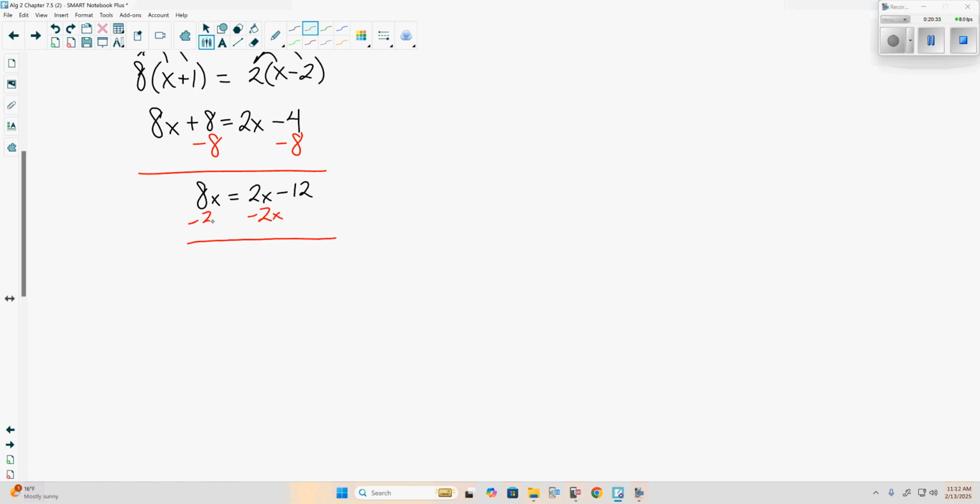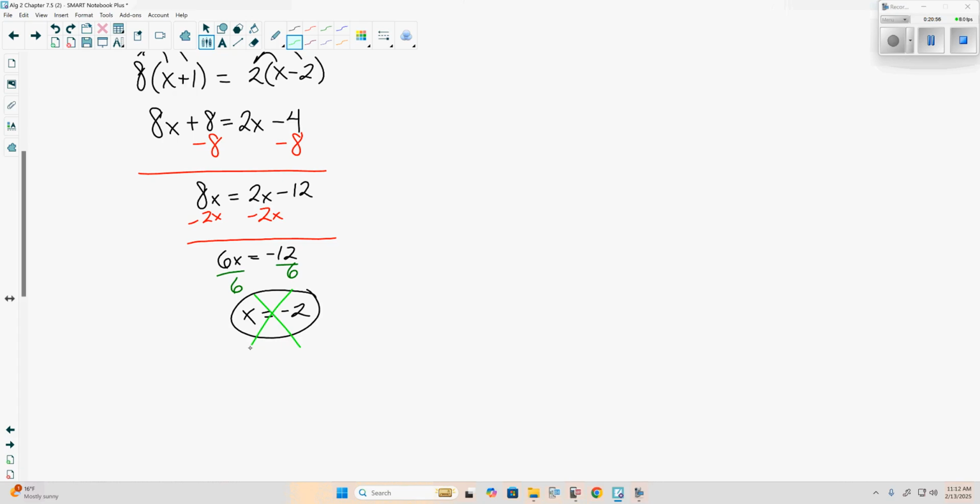Minus 2x, telling us 6x is equal to negative 12. Divide by 6, so x is negative 2. But that's one of our restrictions, so that doesn't work.